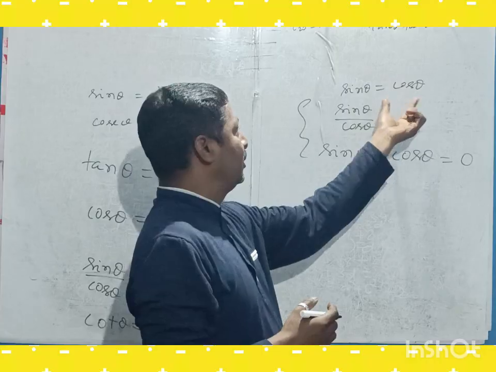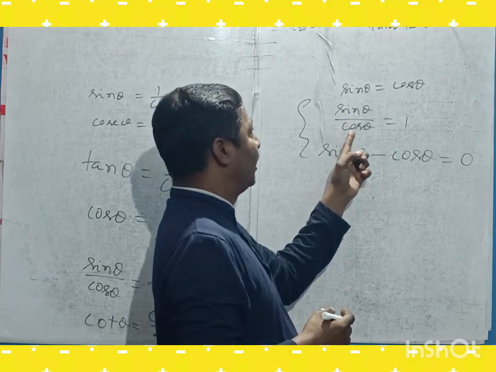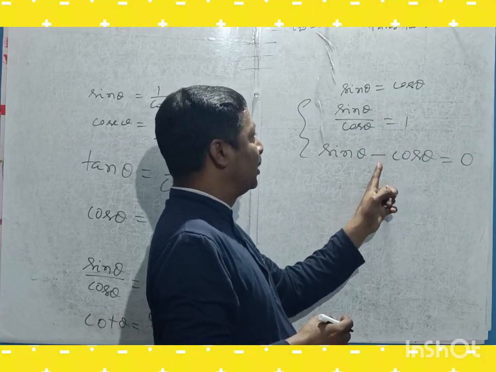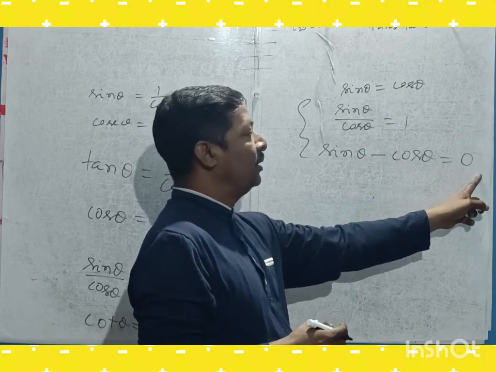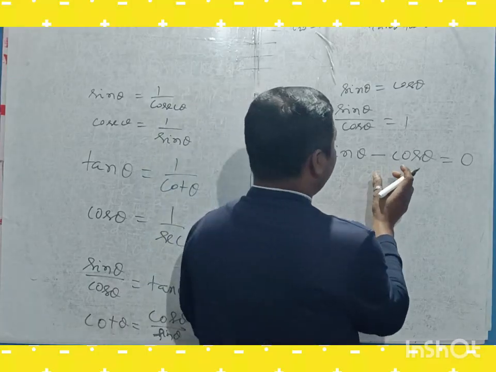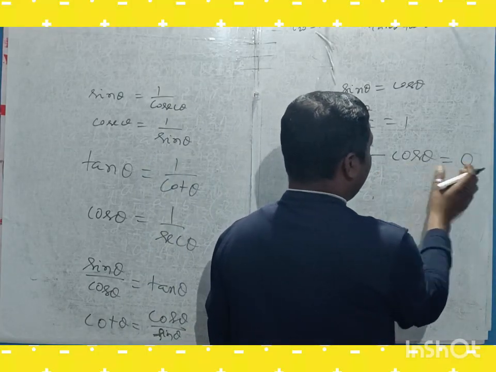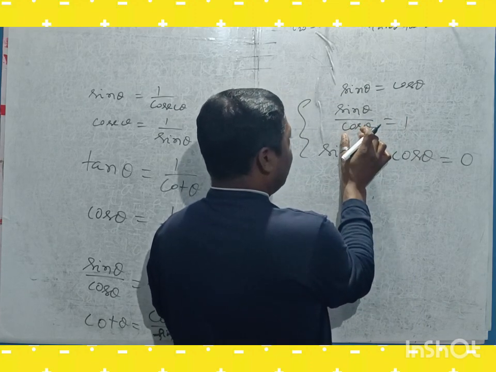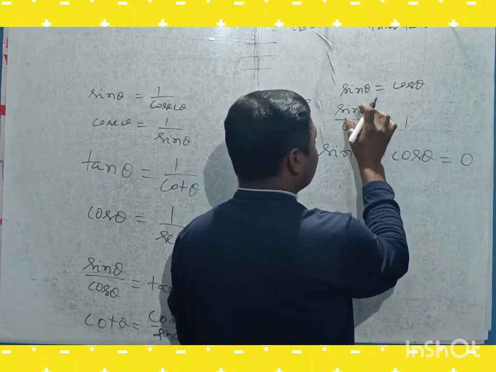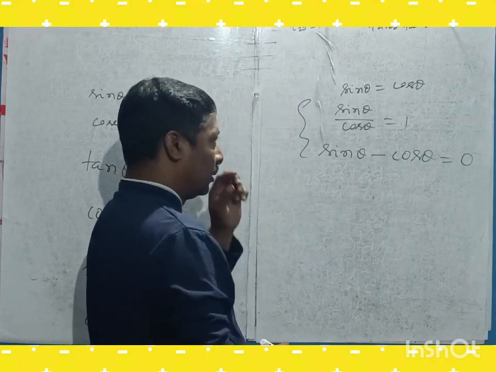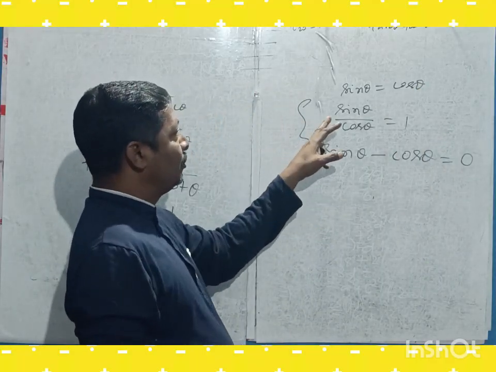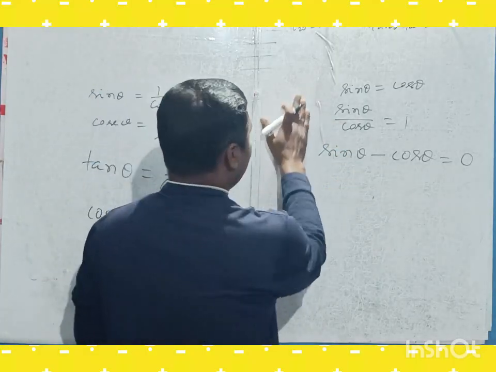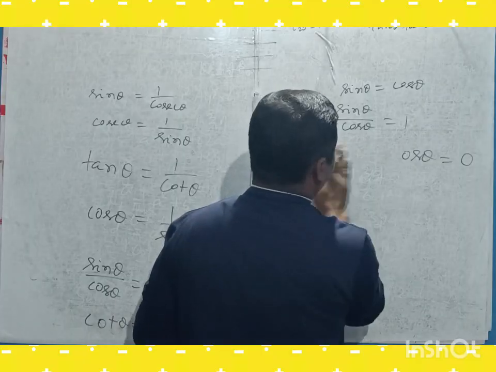If it comes as a denominator, it will be 1. If it comes with a sign change, having a minus sign, it will be 0. Because if this comes to this side, it will be sin theta minus cos theta equals 0. If this is divided here, it will multiply by 1, sin theta equals cos theta. As per our requirement, we will use this one or this one.